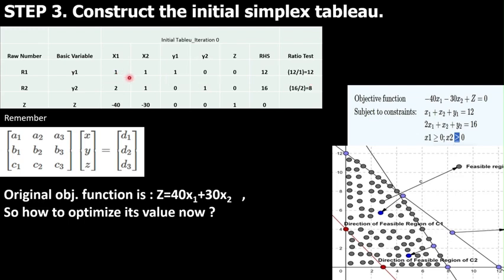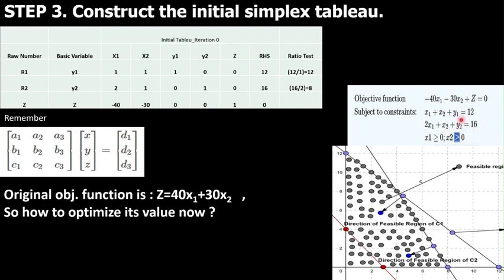we can increase the value of x1 from the first equation up to 12 if we put y1 equal to 0 and x2 equal to 0, then x1 would equal 12. The maximum value x1 can reach from the first equation is 12. But from the second equation, we have 2x1 plus x2 plus y2 equals 16.